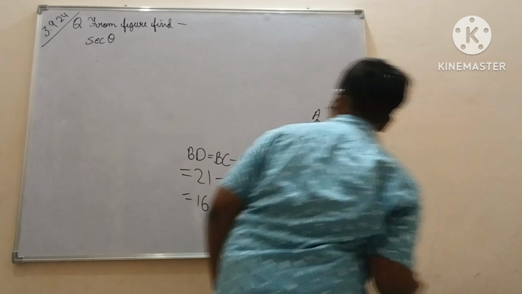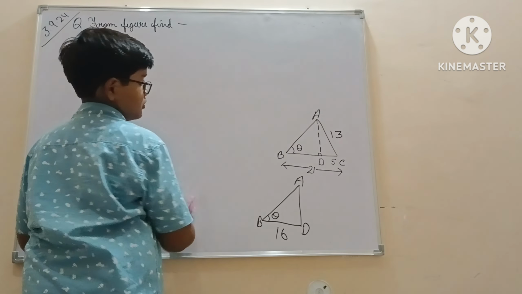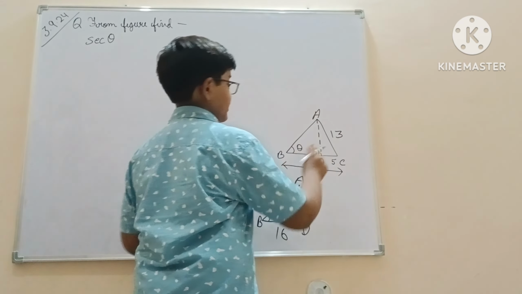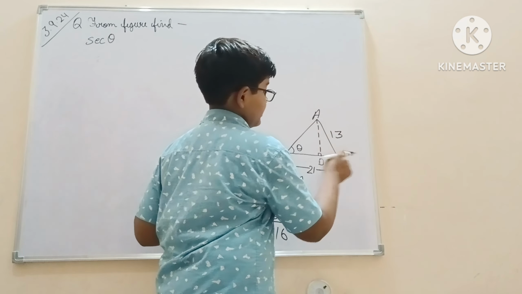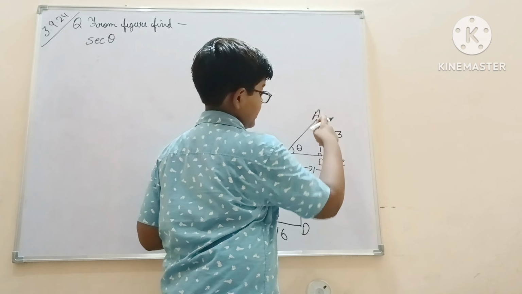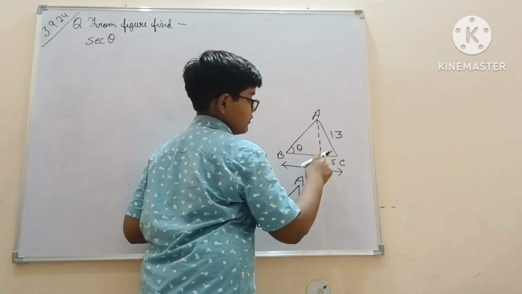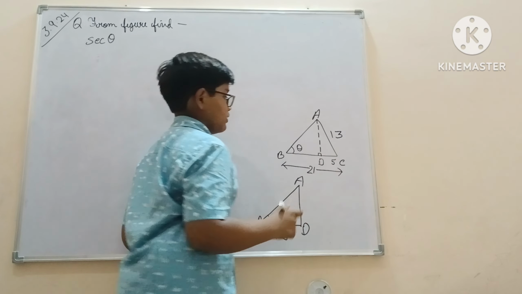Now we will find the value of AD and AB. So in this triangle ADC, AC is 13, DC is 5. Now by Pythagoras theorem, we will find the dotted line AD.